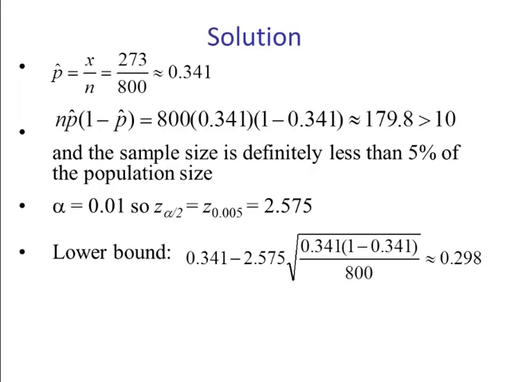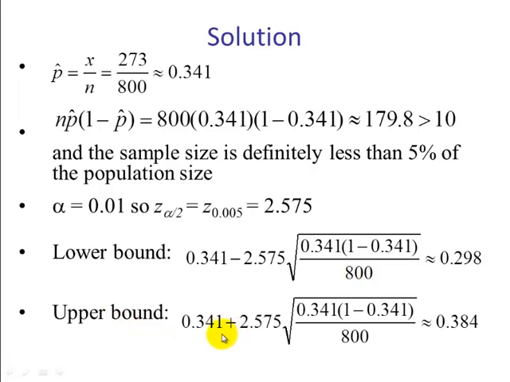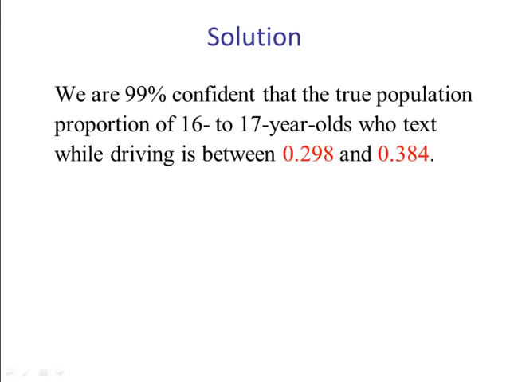Our lower bound is our point estimate minus our margin of error, and again the margin of error is the z-score times the standard error. The upper bound is the point estimate plus the margin of error, and we see that the lower bound is 0.298 and the upper bound is 0.384. Let's interpret this.